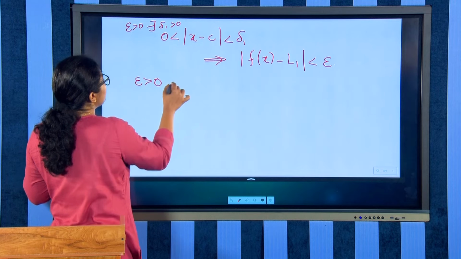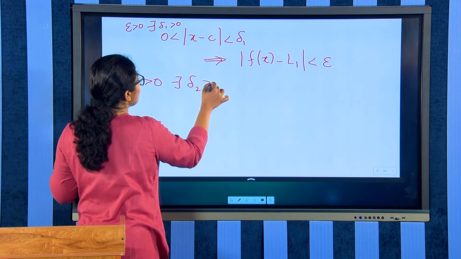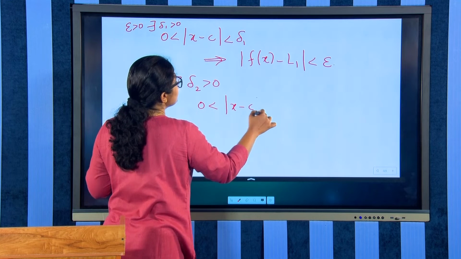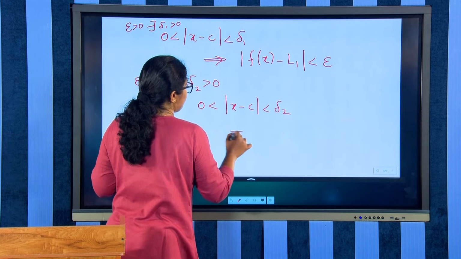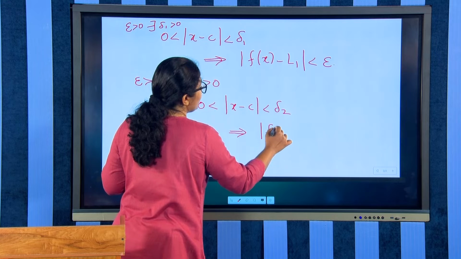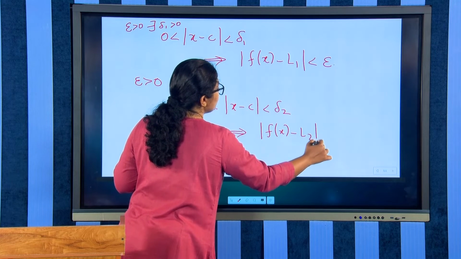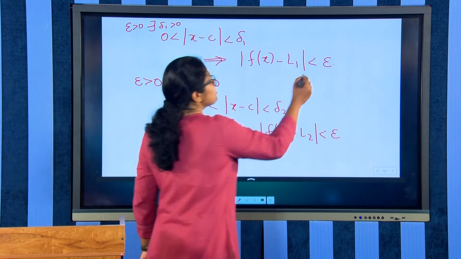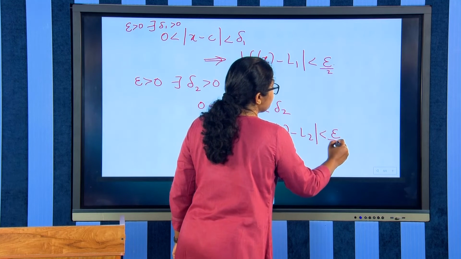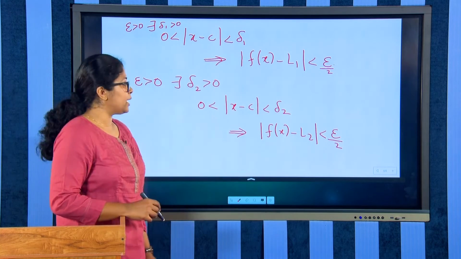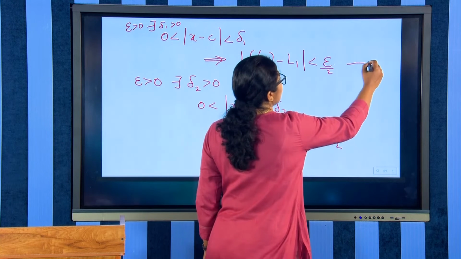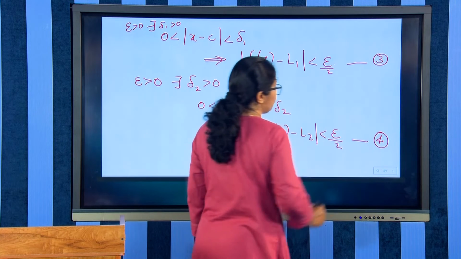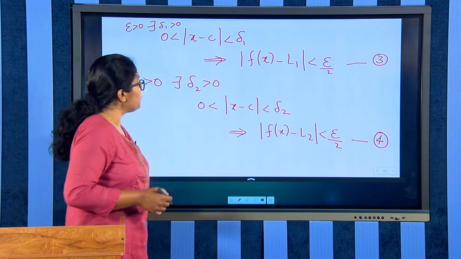Also given epsilon greater than 0, there exists a delta 2 greater than 0 such that 0 less than modulus of x minus c less than delta 2 implies modulus of f of x minus L2 is less than epsilon. So we can write say epsilon by 2 also here, so that we will require it later. Name this as inequality number 3, inequality number 4, because 1 and 2 are already used there.